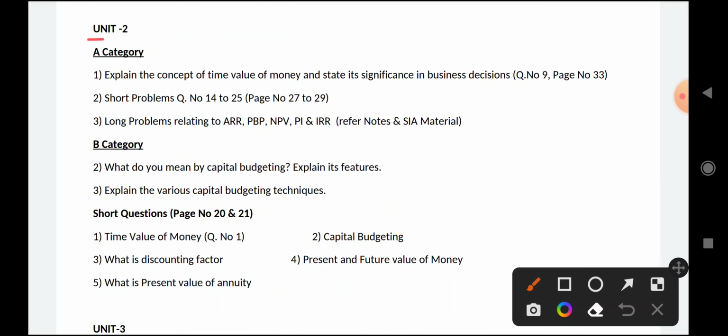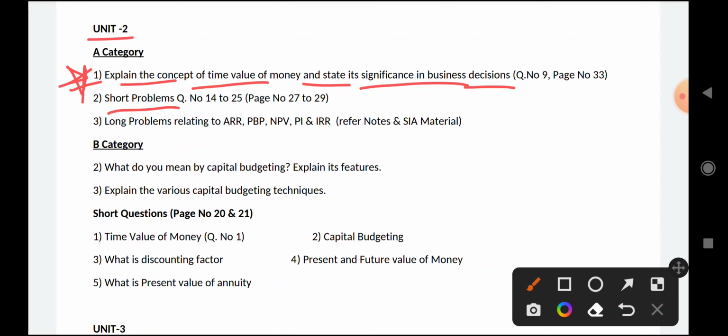Next, unit 2, time value of money and capital budgeting related. Here, explain the concept of time value of money and state its significance in business decision making. This is one A category question from this unit.